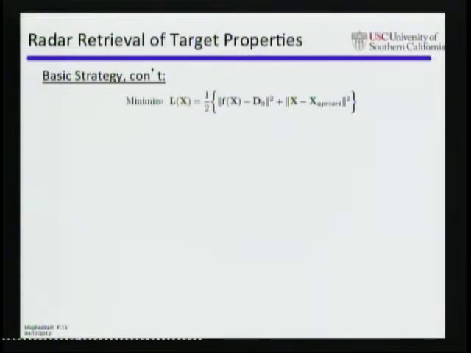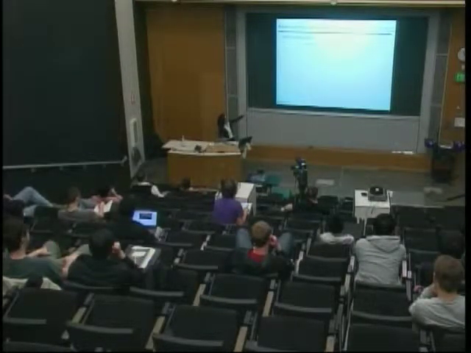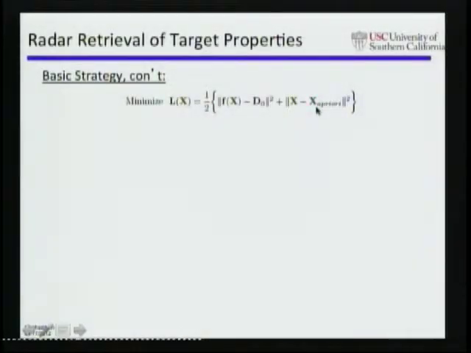So L being a cost function, f is your function, your numerical function. In the previous chart, you could think of that space D as your function f. D0 here is the data that you have. And the second term, this term here, is what we call a regularization term. And that comes from any prior knowledge that you might have about your unknowns.